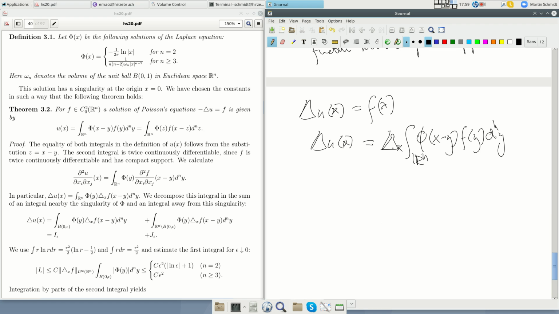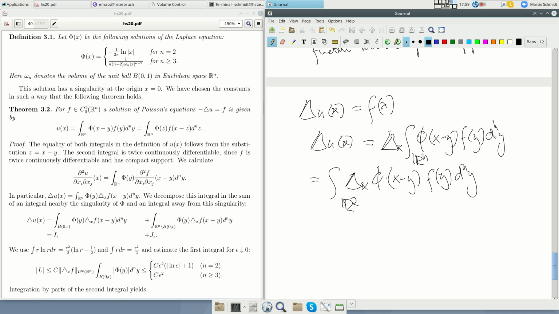Now we put this in, since this is differentiable and linear, so it should be possible to put the Laplacian inside: Laplacian in x of phi of x minus y, f of y dy over Rn.